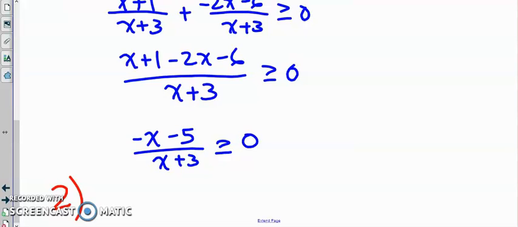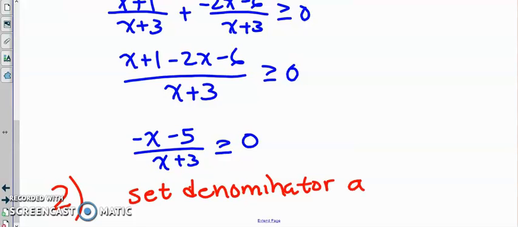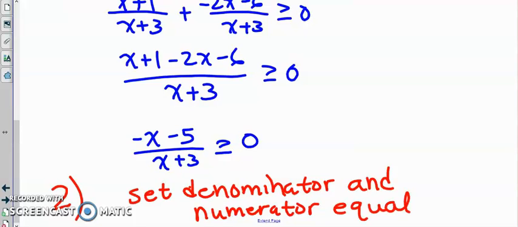What we're going to do here for rational functions only, we're going to set your denominator and numerator equal to 0. And this will give us our boundary points that we're looking for.